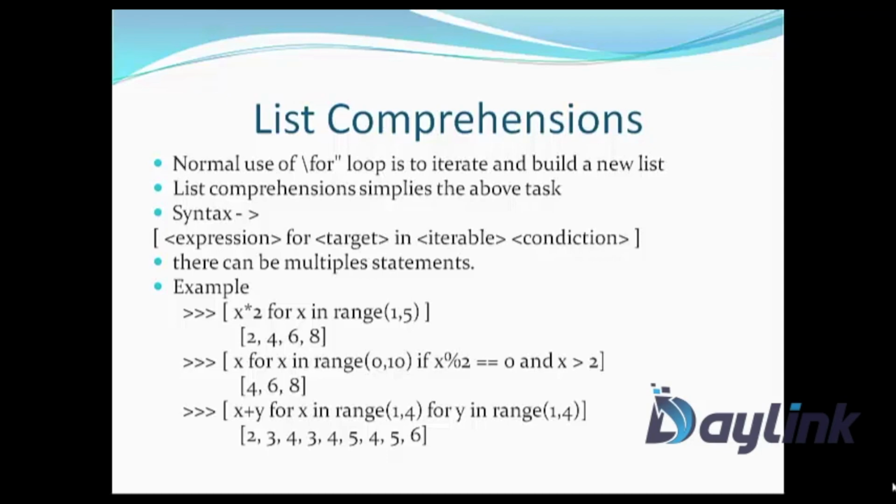So it is 2, 4, 6, and 8. Like this, x for variable x in range 0 to 10, if x modulo 2 is equal to 0 and x greater than 2. So our output is 4, 6, and 8. So in this manner, we assume that is the third example.